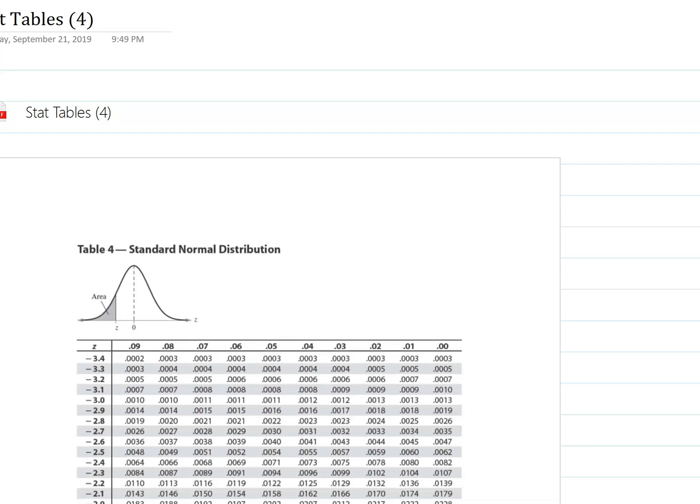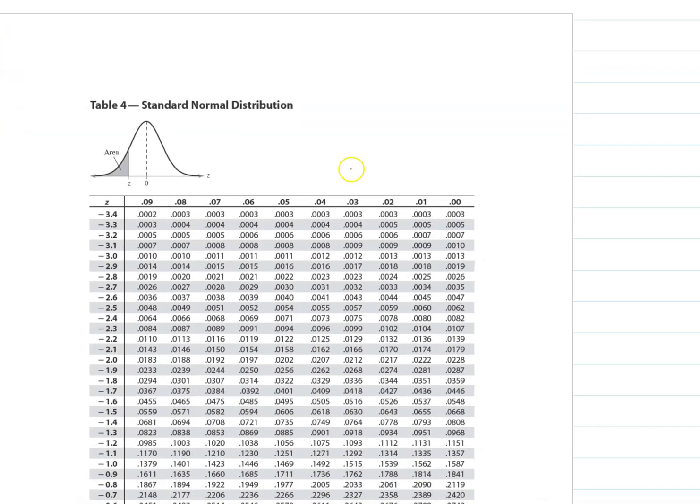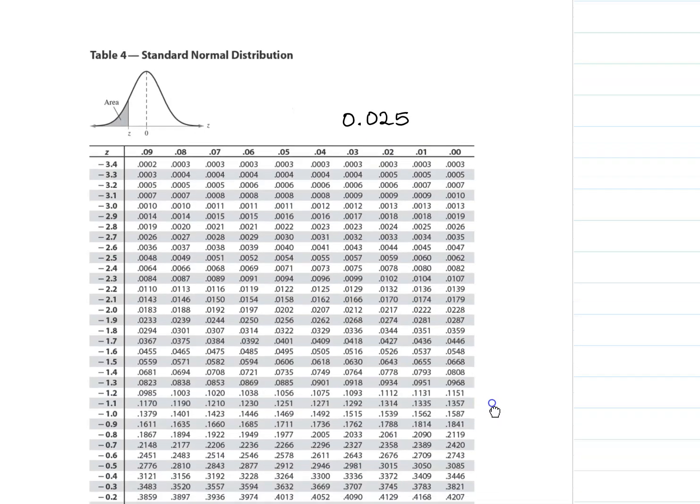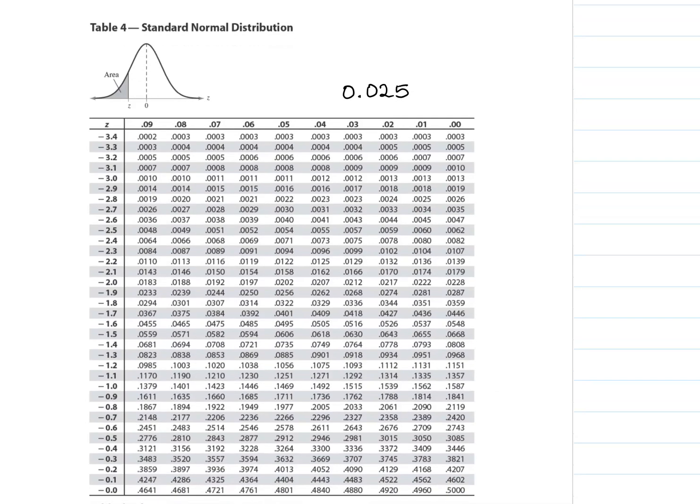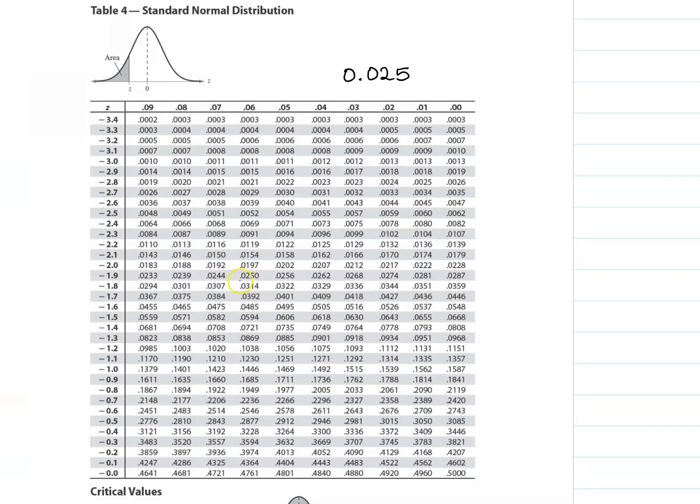So I'm looking for a z-value with a left area of 0.025. And so in looking at that table, I see that right here, 0.025, and that is at -1.96.